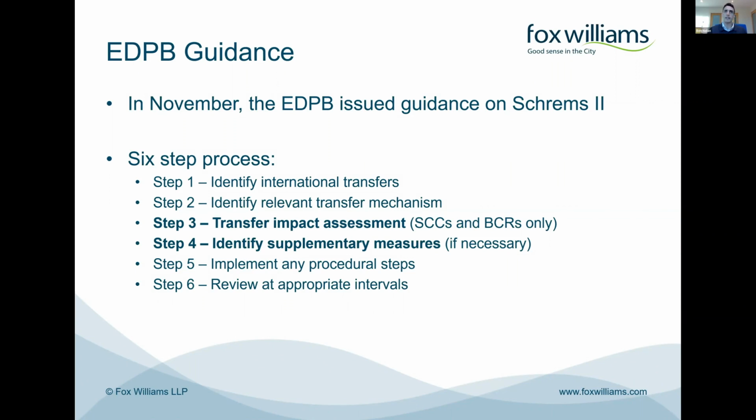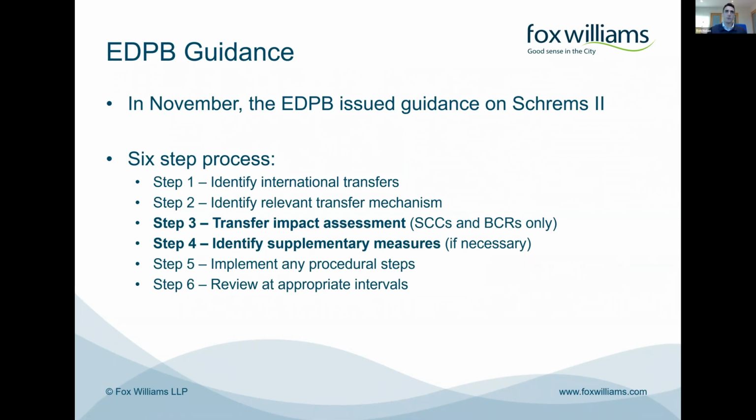The first step involves identifying all the international transfers that you make. Second step involves identifying the transfer mechanisms you rely on for making those transfers. And the third step, and this relates only to transfers that are made on the basis or supposed to be made on the basis of standard contractual clauses and binding corporate rules, and it requires you to conduct a transfer impact assessment.